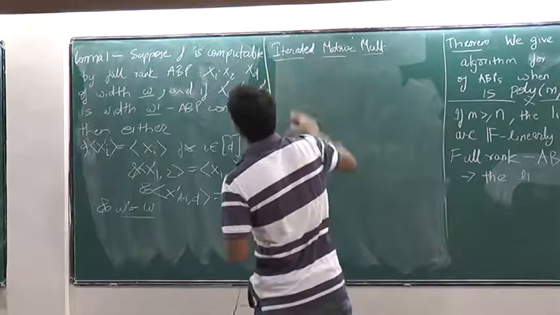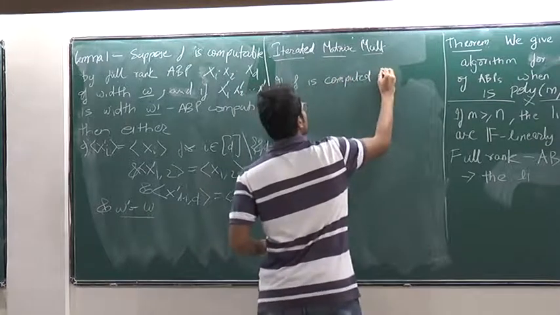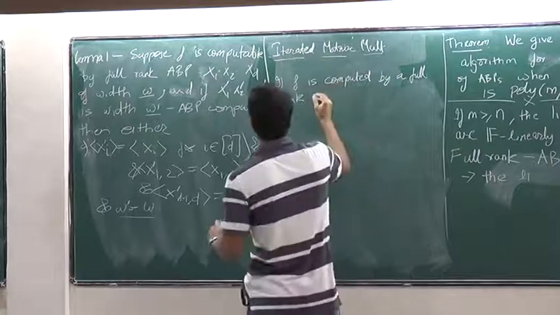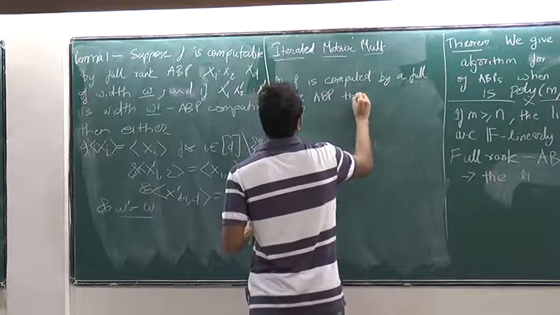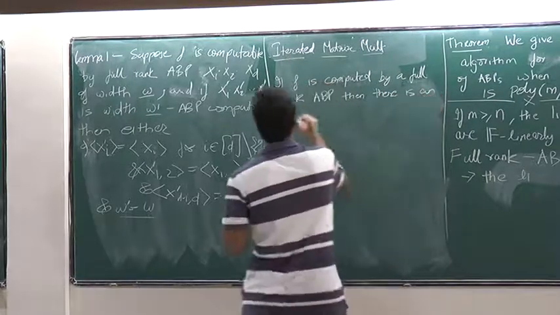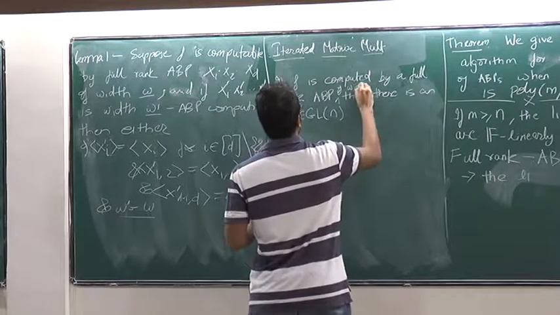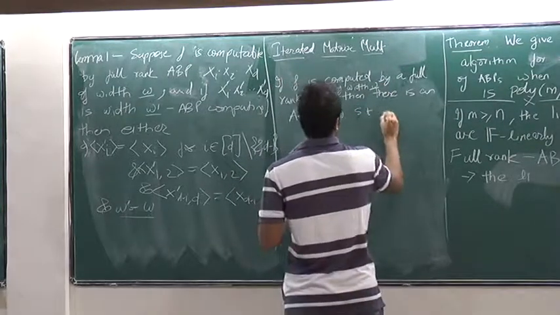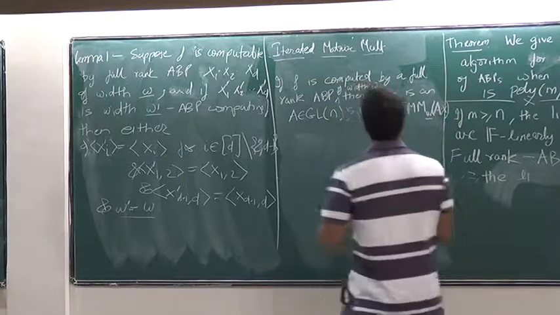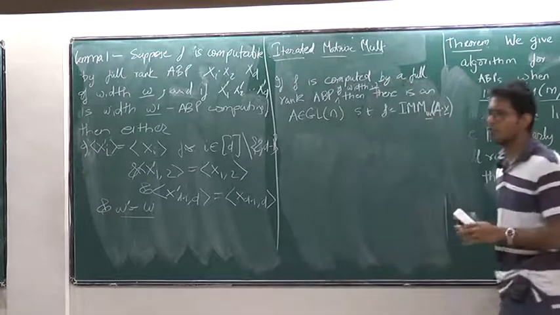It's easy to observe that if f is computed by a full rank ABP, and I'm assuming that f has n variables, then there is an A in GLn such that you are replacing each variable just by a linear form.